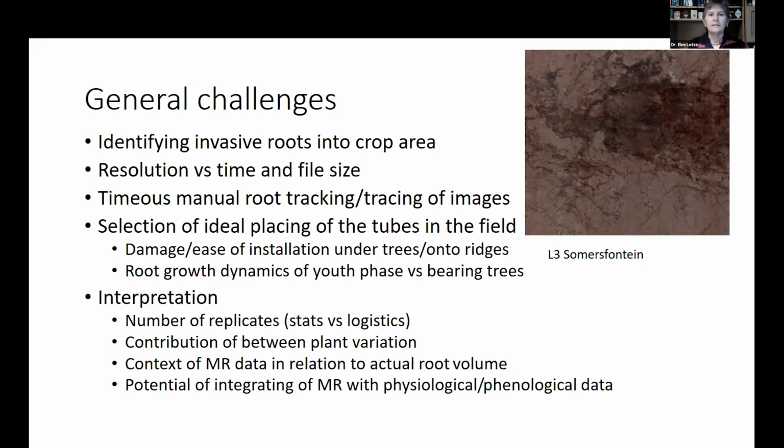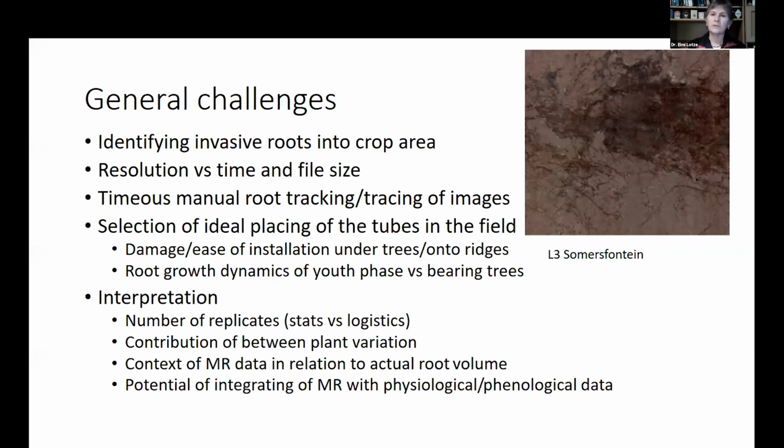Selection of the ideal placing of the tube in the field. I indicated this a little bit before. Sometimes it's about having the ideal placing of the tube, but then also, because I work a lot in field trials, that may be in the tractor row, and then you can't do it.